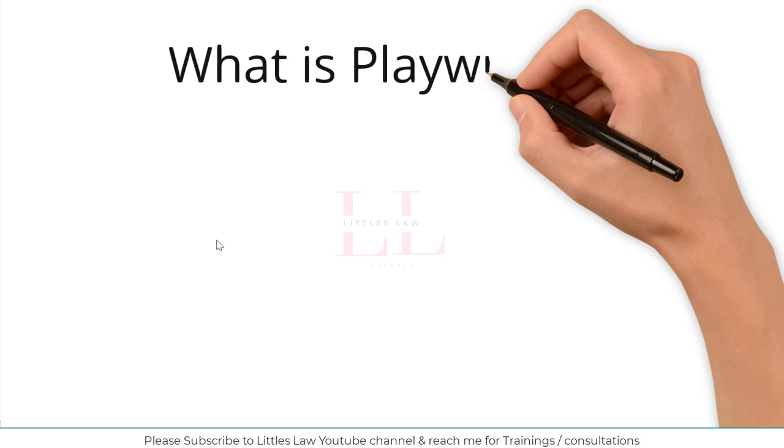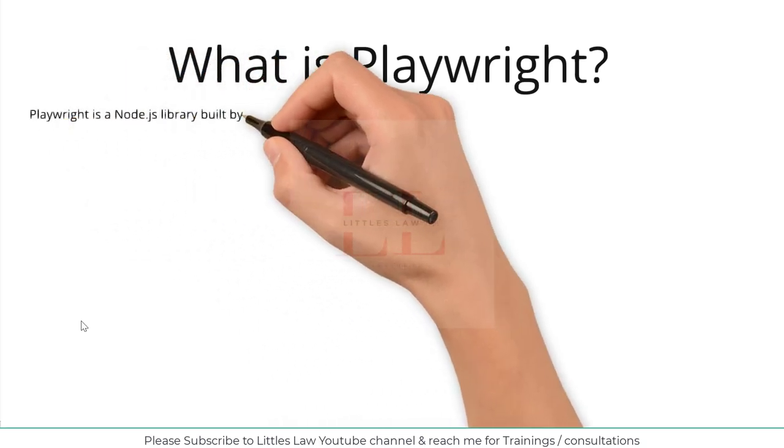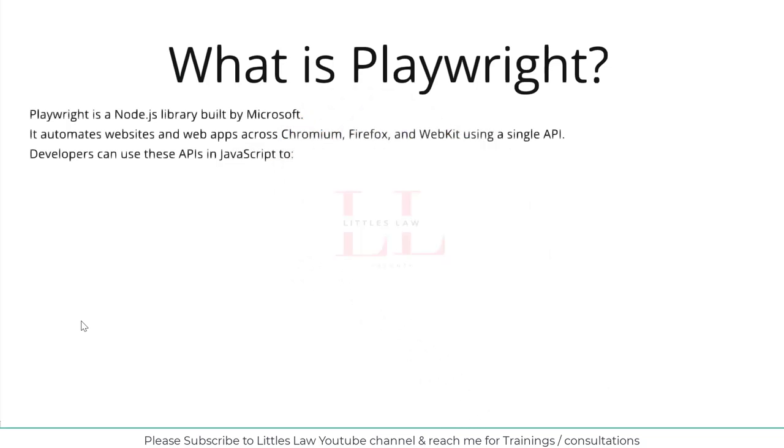So today in this video, we're going to see what is Playwright and how to install Playwright on your machine. So firstly, let's see what is Playwright. Playwright is a tool made by Microsoft that helps developers to control and test websites automatically.